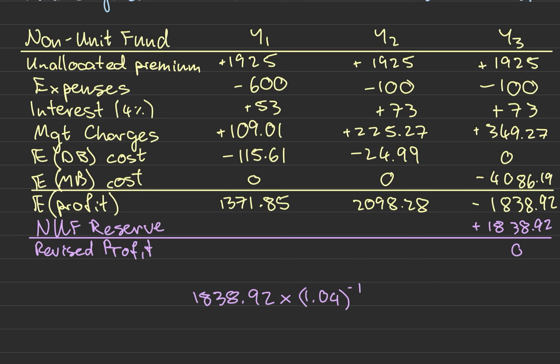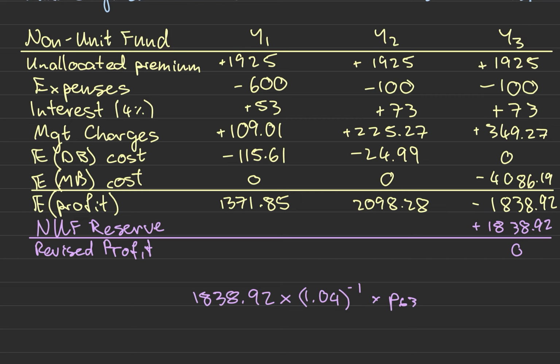So I must multiply this by p63, because they would have aged for a year to become age 63 at the beginning of year 2, and then I must survive a year in order for this reserve to be set up in year 3.